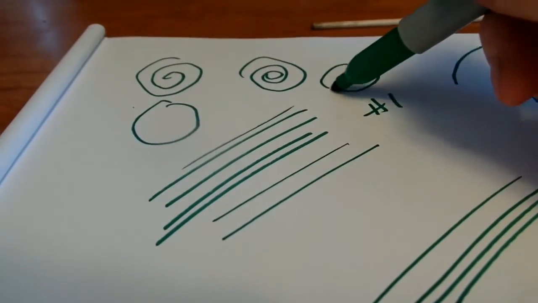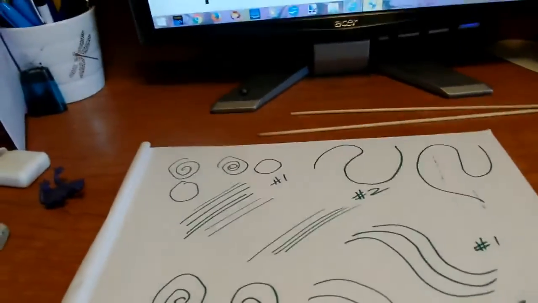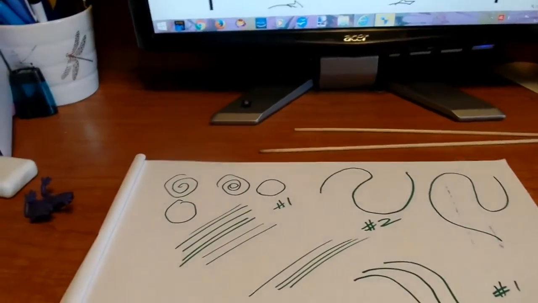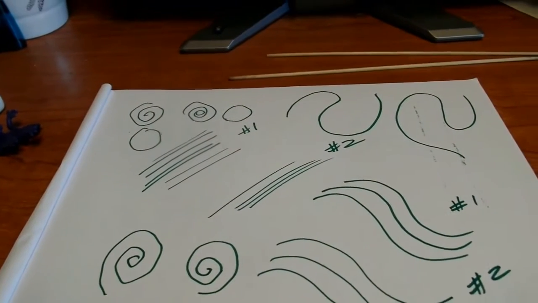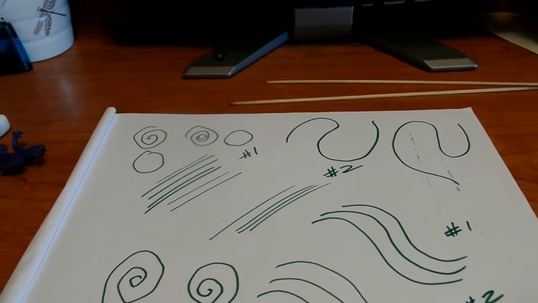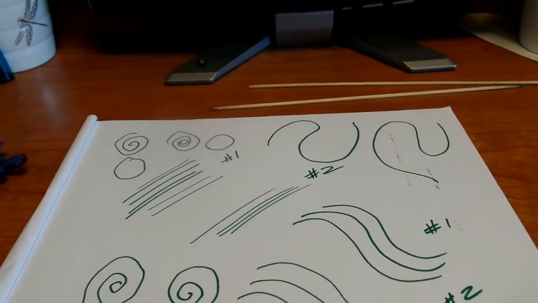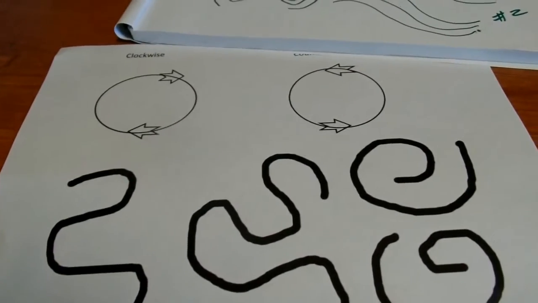Again, this will show you which is your natural hand movement and which slant might be better for you. Some people are more comfortable going left to right, some going right to left, but you want to use whenever possible your most comfortable hand position, even if it means moving your paper around to make that happen.